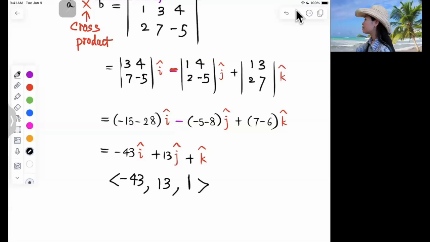Can you cross product multiple vectors, more than 2, or only 2? Only 2 vectors. One vector crosses another vector.